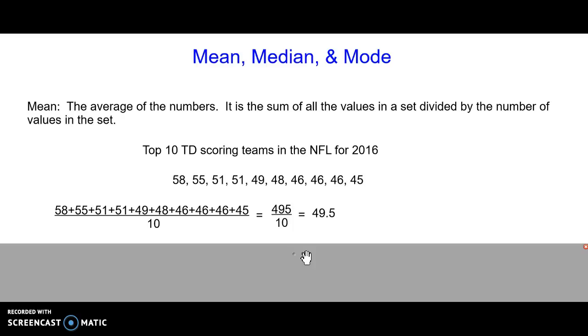That quotient is 49.5, or 49 and a half. So we can say that the average number of touchdowns scored by the top 10 scoring teams in the NFL for the year 2016 is 49 and a half touchdowns. So that is the mean or the average. That is the most common measure of central tendency.